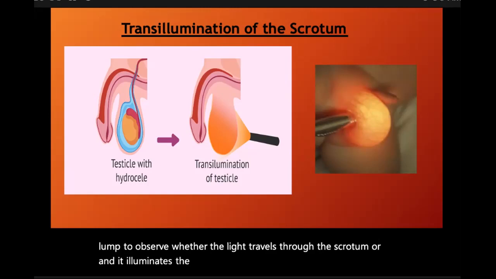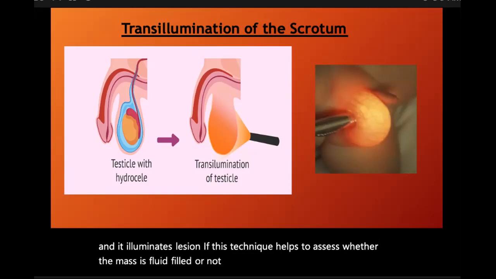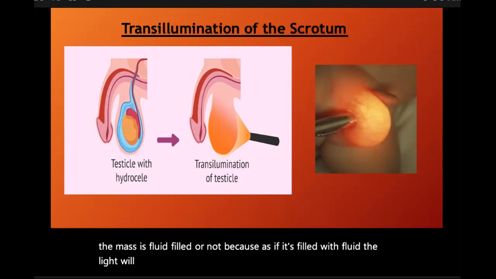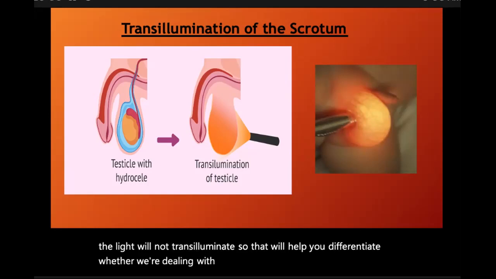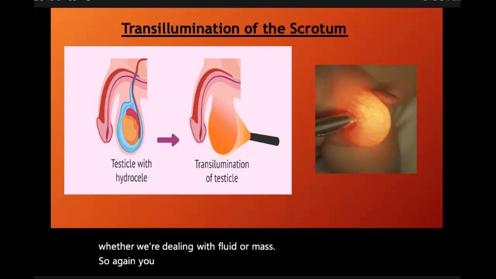This technique helps to assess whether the mass is fluid filled or not, because if it's filled with fluid, the light will transilluminate, versus if it's a soft mass or a solid mass, the light will not transilluminate. So that will help you differentiate whether we're dealing with fluid or a mass. So again, you just take that pen light, press it up against the scrotum.